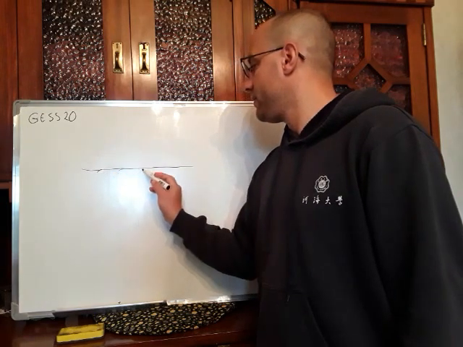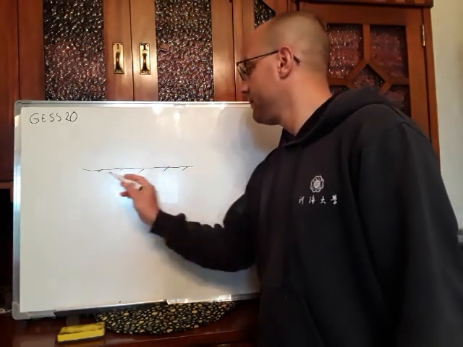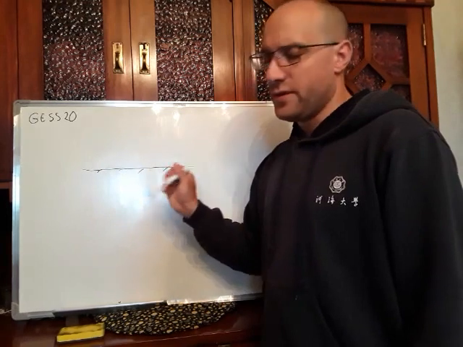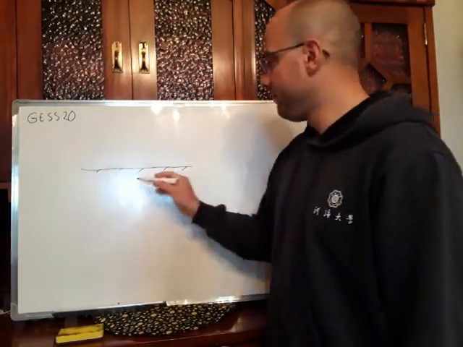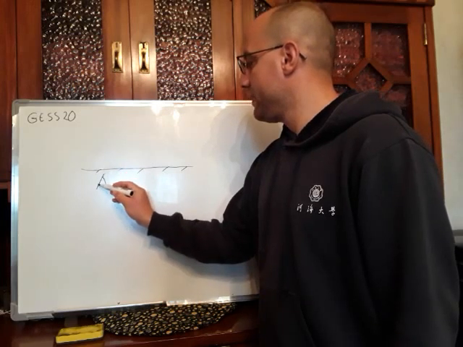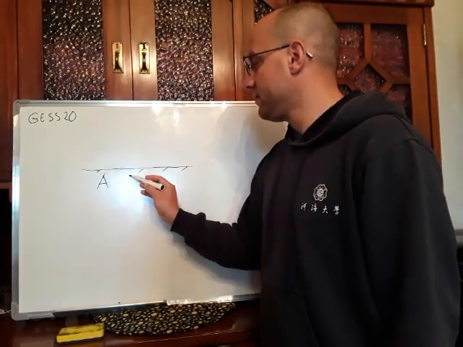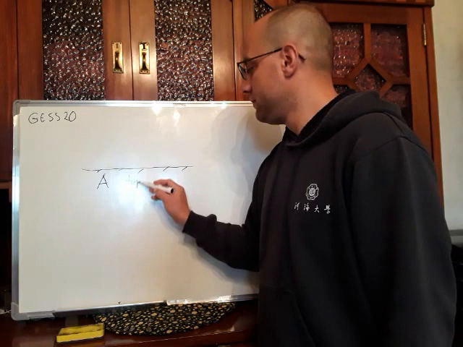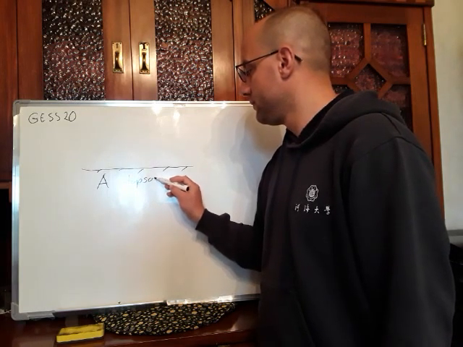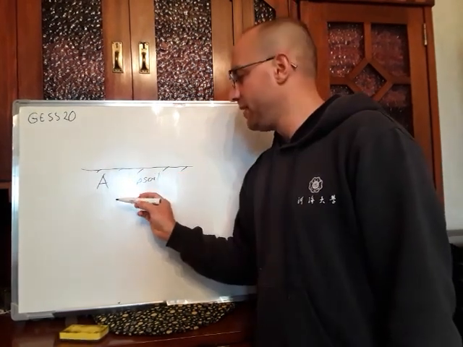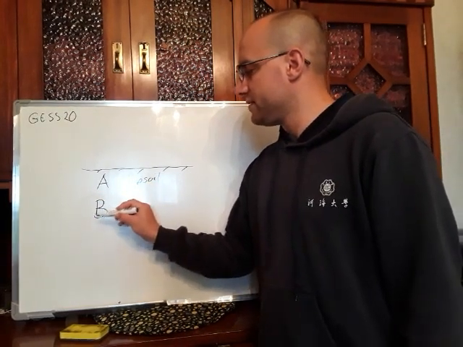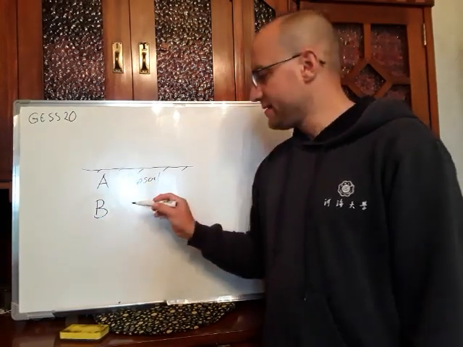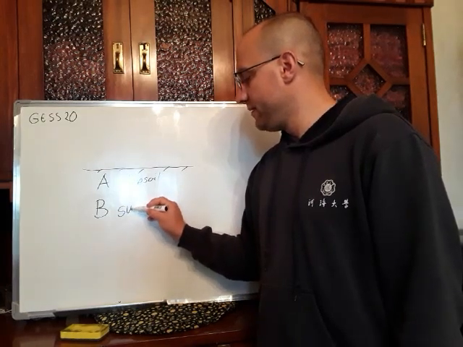Here is what I would say is the surface in this case, and right under the surface we'd find the A horizon, which is the topsoil. Below this topsoil we would have the B horizon, which is the subsoil.